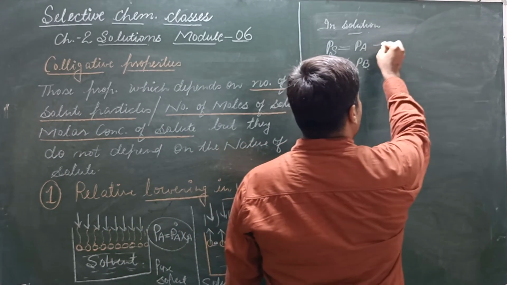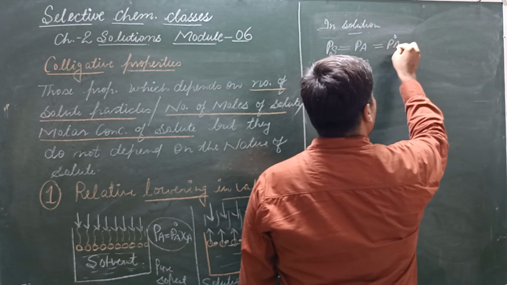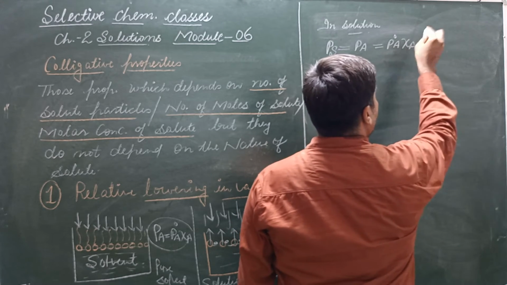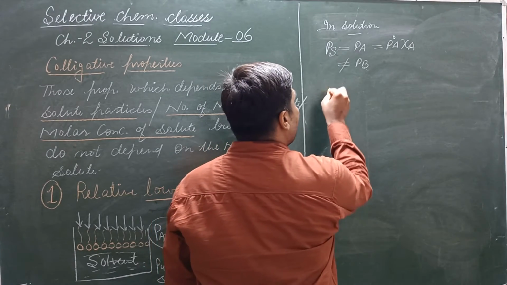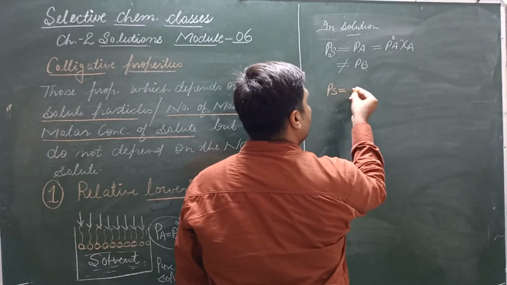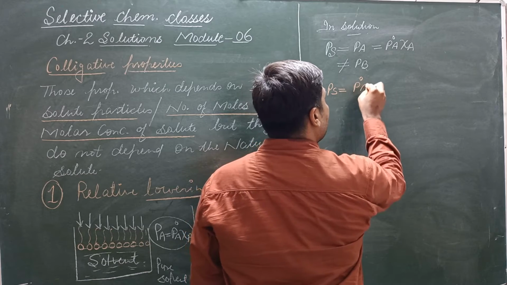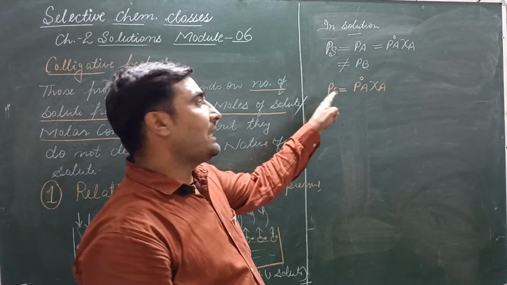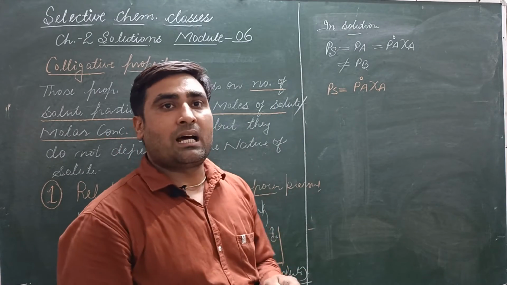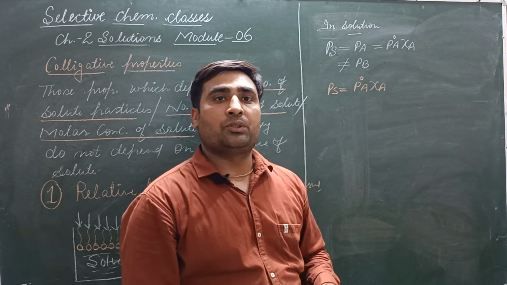And it is equal to P naught A chi A. So finally, PS will be equal to P naught A chi A. This term we have got from Raoult's law containing non-volatile solute.